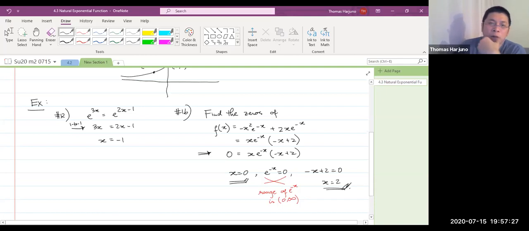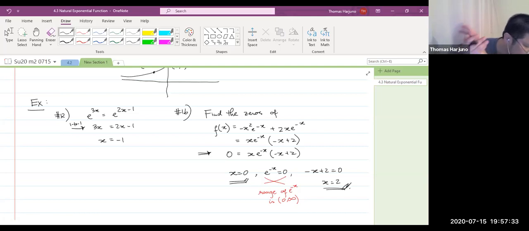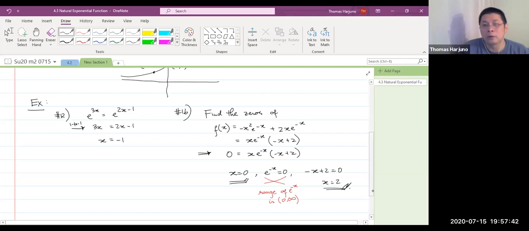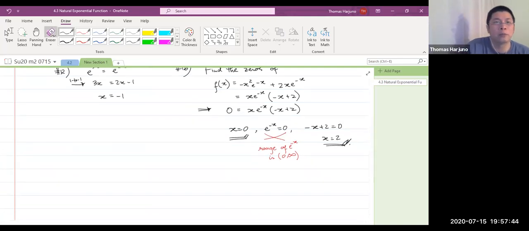And e to any power will never be 0, and will never be negative. Okay. Now, once you get into more word problems, you will see something called exponential growth.